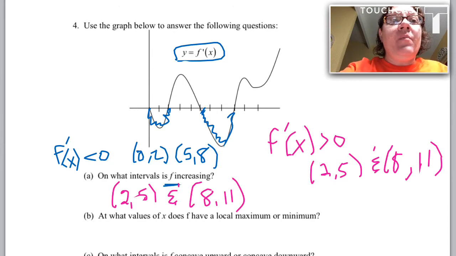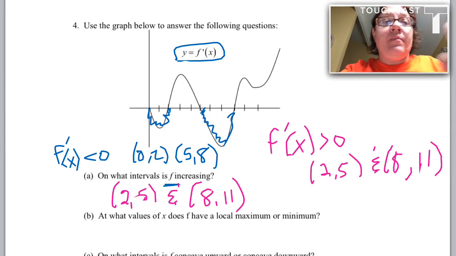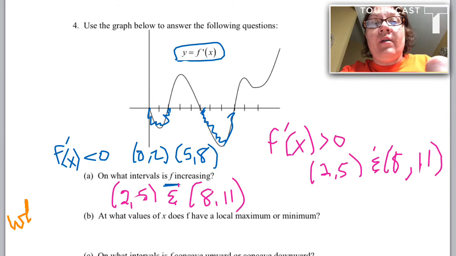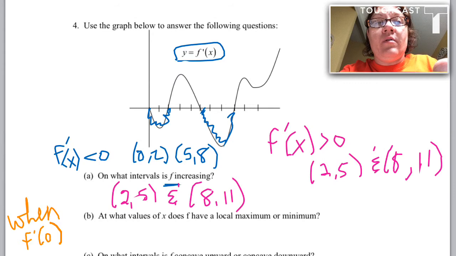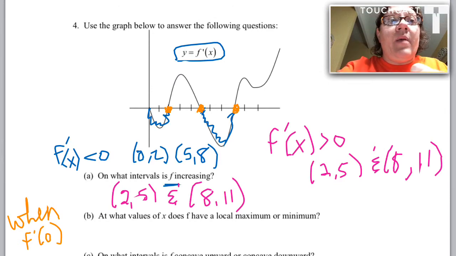So keep in mind that I'd have maximums and minimums when the derivative is 0, and I'll be able to tell. So I've got a 0 here, and a 0 here, and a 0 here. And I'll be able to tell if they're maximums and minimums based on what's happening around them.